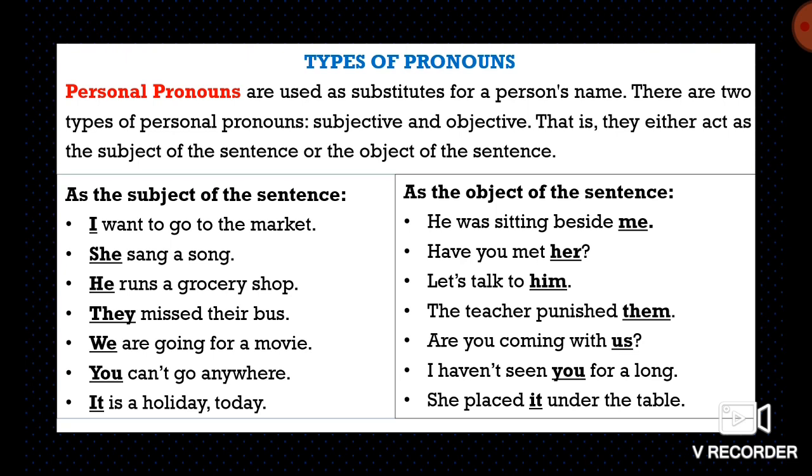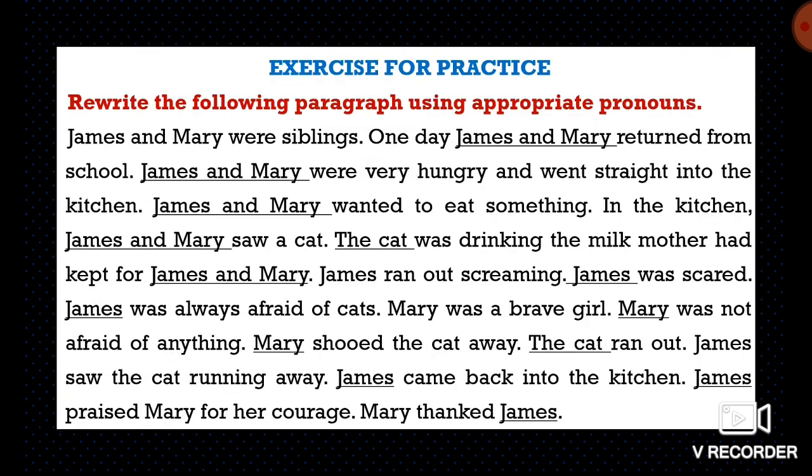Sixth, I have not seen you for a long time. And last is, she placed it under the table. Students, in these sentences, pronouns like me, her, him, them, us, you, and it act as the object of the sentence. Now let's do an exercise.